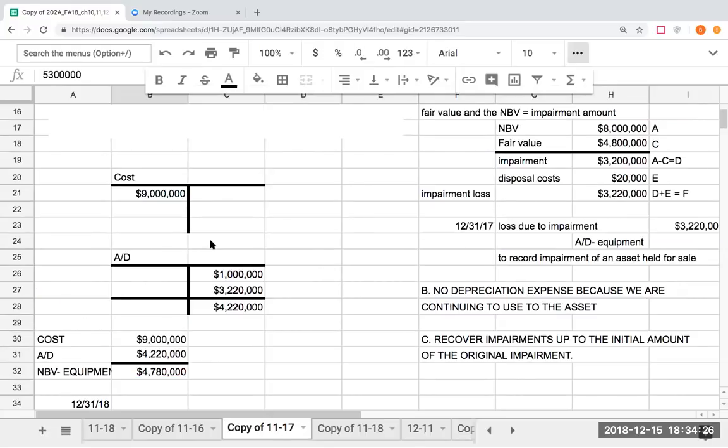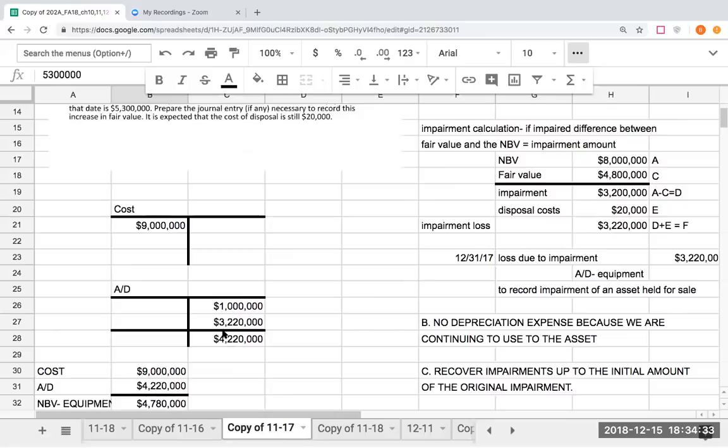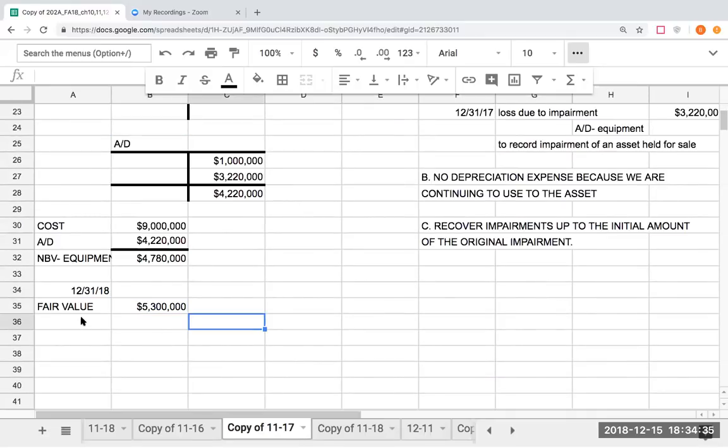My cost of disposal is about 20 grand. So my disposal cost is going to be 20,000. So if I were to dispose of this asset hypothetically, the proceeds I would be receiving would be 5,280,000.